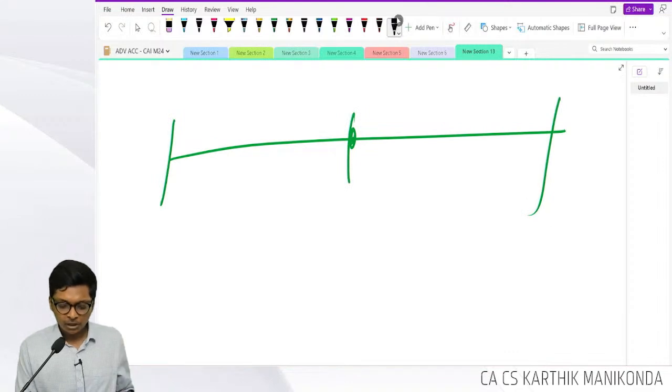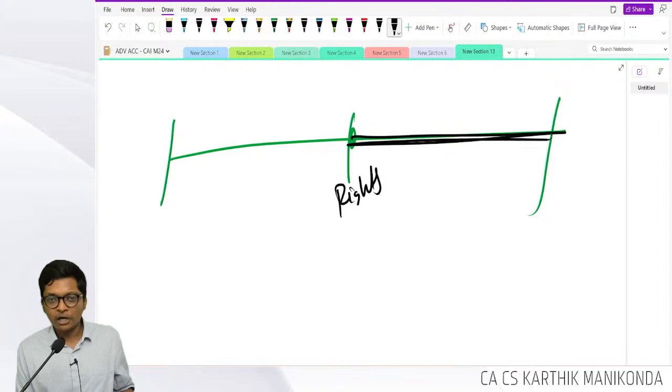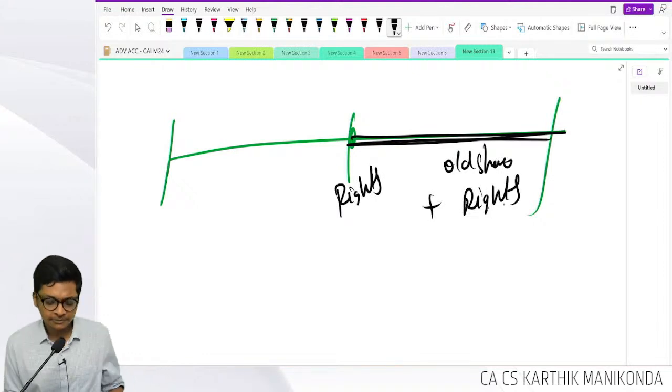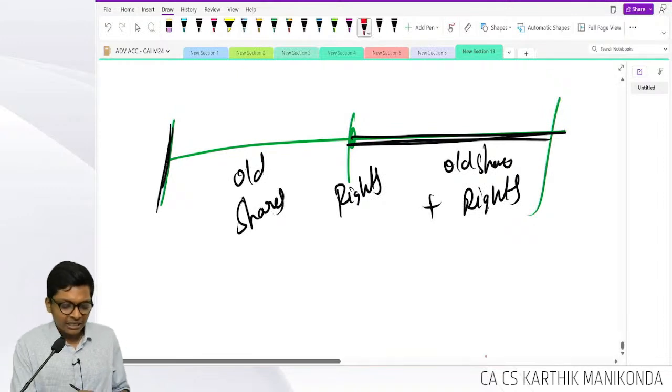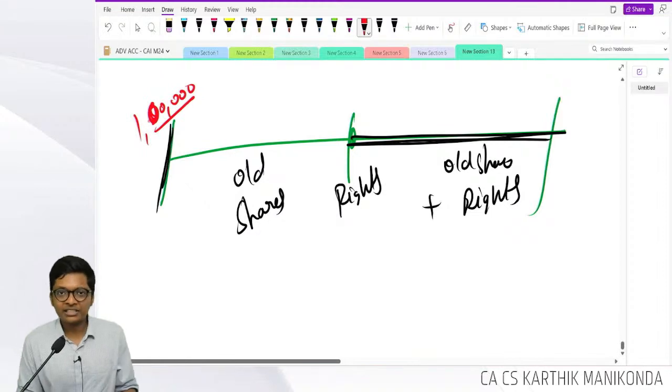If rights are issued in the middle of the year, second half of the year, we have old shares plus rights. In the beginning of the year, we have only old shares. To give you a small logic here, assume beginning of the year I have 1 lakh shares.